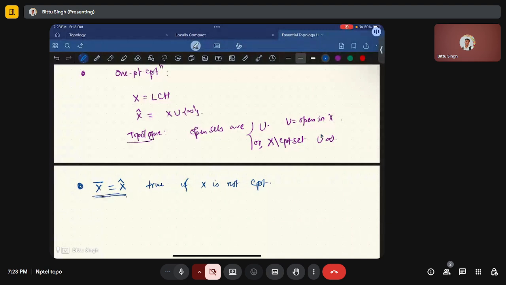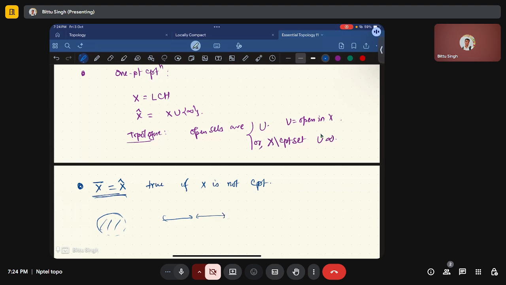This closure of X may not be the same as this. But in the examples also, those are actually non-compact spaces. The one-point compactification of the previous examples, for example, we have discussed the open unit disk, or an interval, or a union of two open intervals.